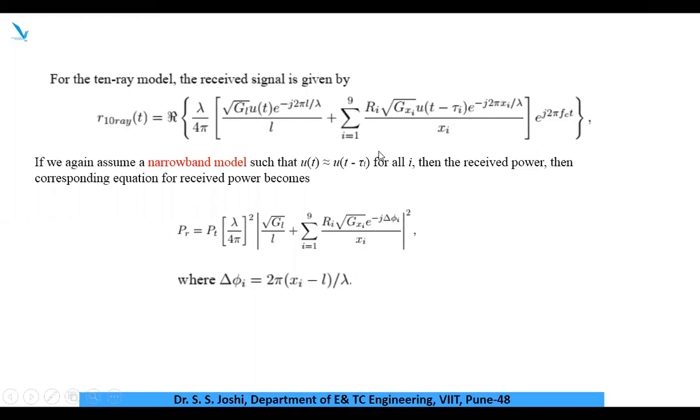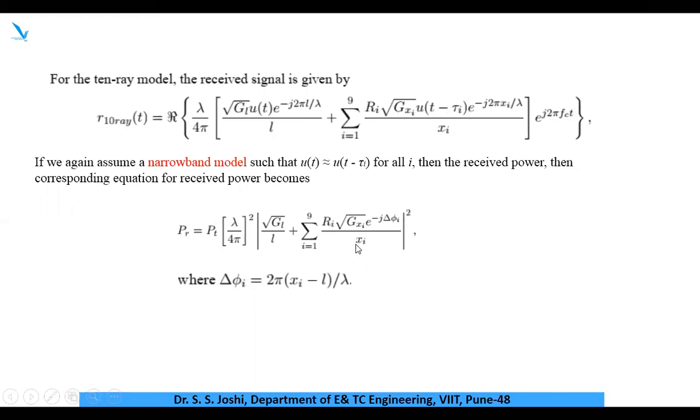Depending upon the environment, we have to model the signal: u of t minus tau 1, u of t minus tau 2, u of t minus tau 3, with specific distances x1, x2, x3, and so on. You will get multiple reflections, and we can write the signal strength at this particular location. The generalized received power can be written by this equation.